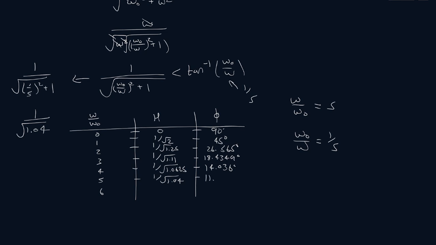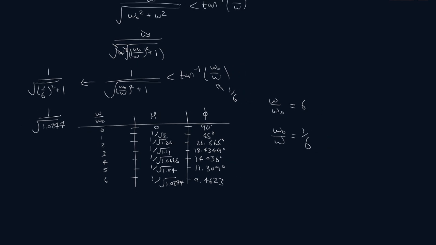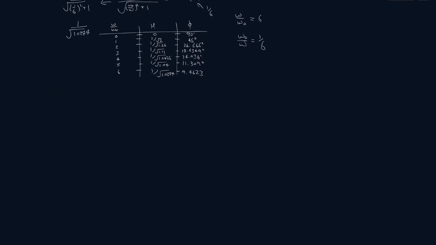Then you get 11.309 degrees. And the last one is 6. And putting that into here, you should get 1.0277. And then putting 1 over 6 into here, you get 9.4623. Now let's start graphing this out.